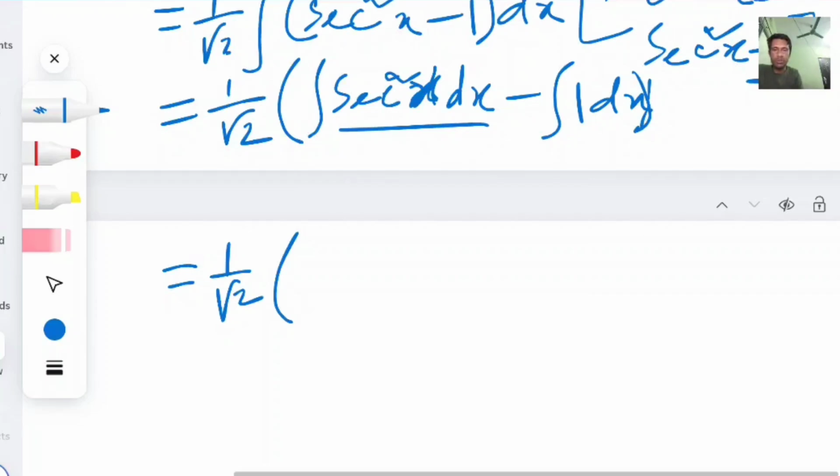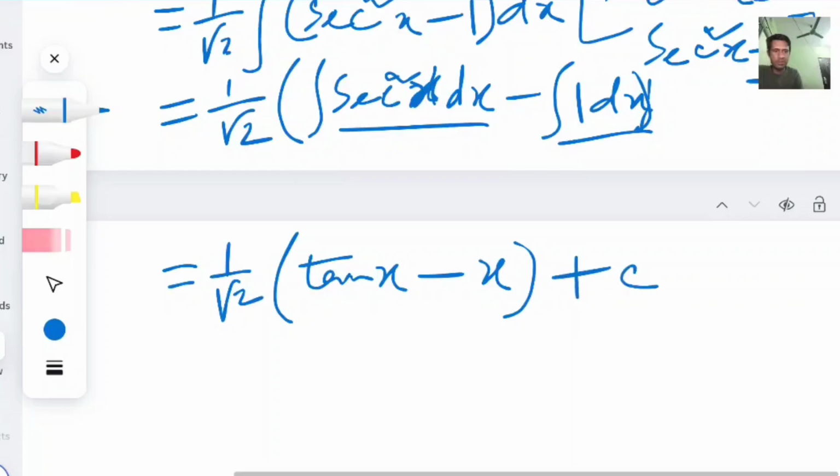So if we do the integration of sec square x, then I will get tan x minus, if we do integration of 1 dx, then I will get x plus c. This is the answer.